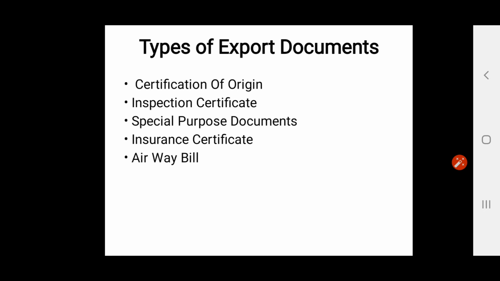Another document is the insurance certificate. This insurance is for the merchandise that we are shipping, that we are trying to deliver to some other country. The insurance certificate should show that the insurance provides full coverage for the entire shipment.